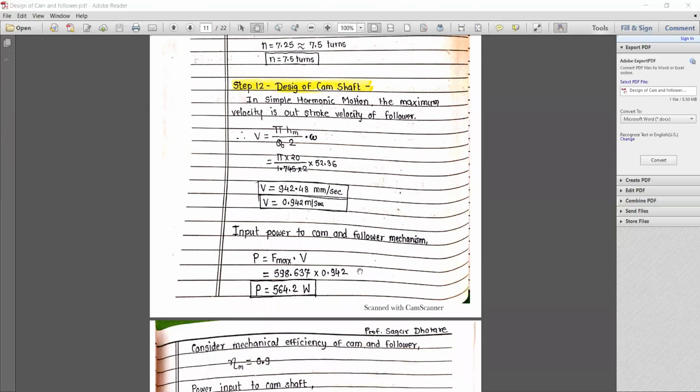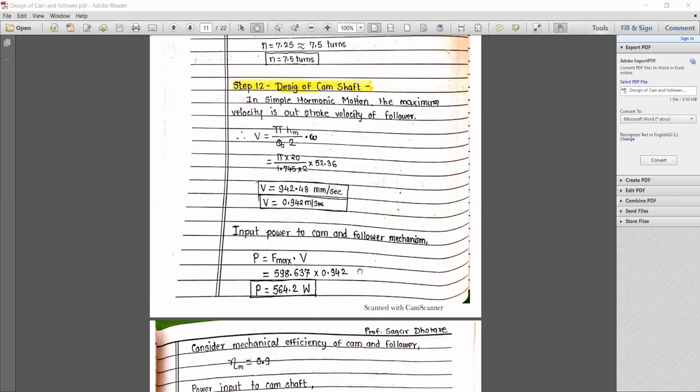In simple harmonic motion, the maximum velocity we can calculate with the equation V is equal to pi h m divided by theta 0 into omega. Putting in the values, the velocity is equal to 0.942 meter per second.